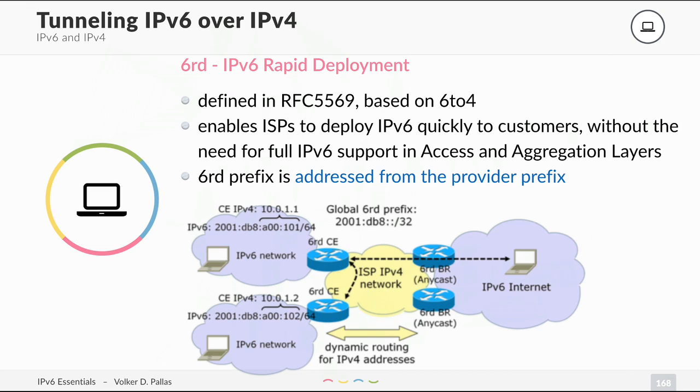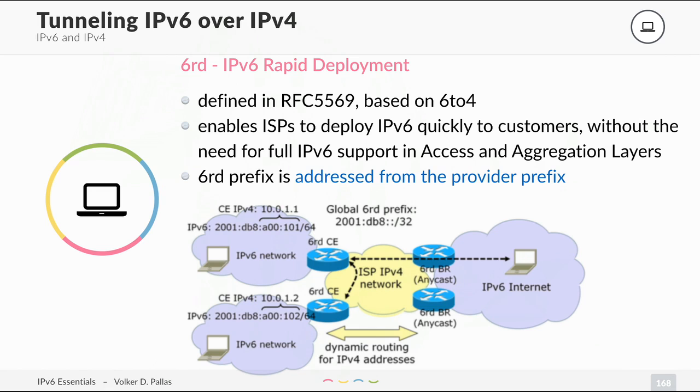The prefix using 6RD is addressed from the provider upstream prefix. You can see the two customer edge routers on the left. They both have two different networks, and it might seem similar to 6to4 because there's a prefix of 2001:DB8. In case you remember, it's the documentation prefix just for documentation purposes in this image. And then the last part is the IPv4 address of the CE router.